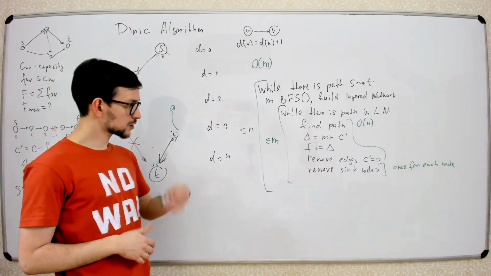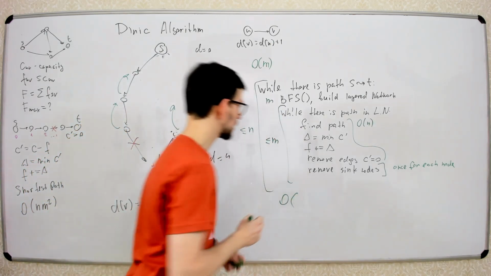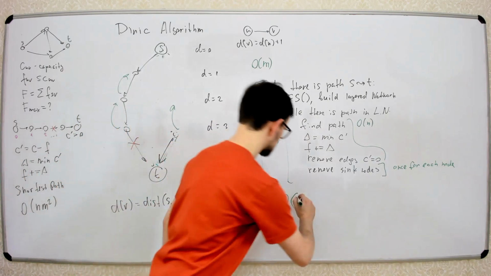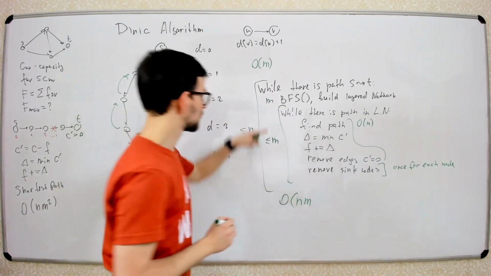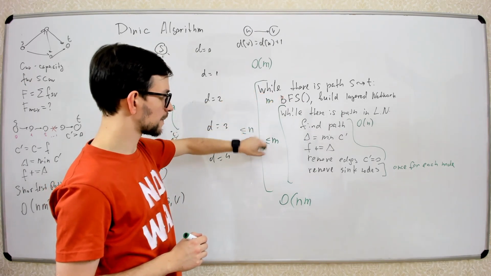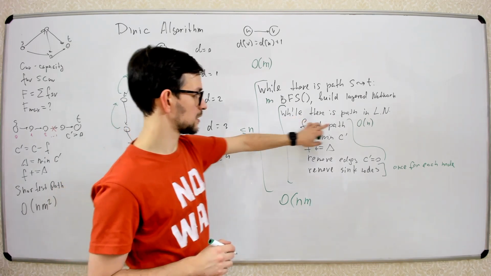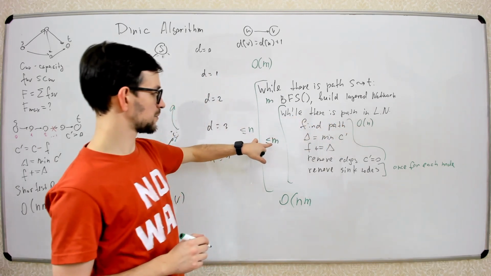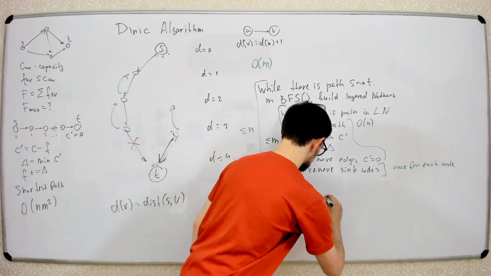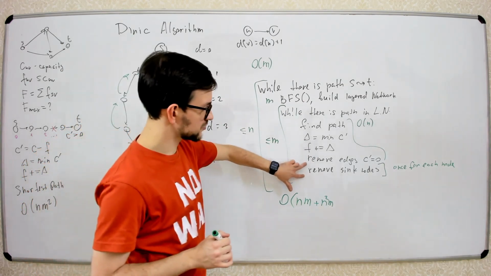Okay, now let's calculate the final time complexity. First we have n multiplied by m for these BFSs and building the layered network. Now in this loop, we run these operations in time n multiplied by m multiplied by n. And then we have these removals.